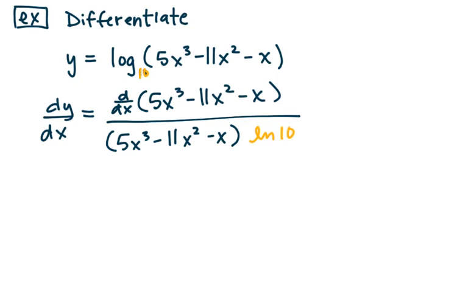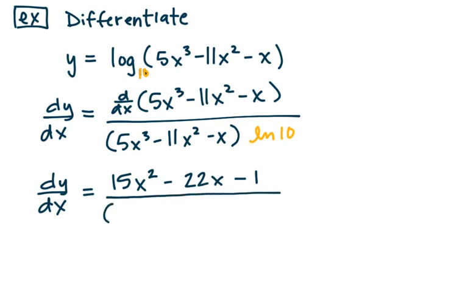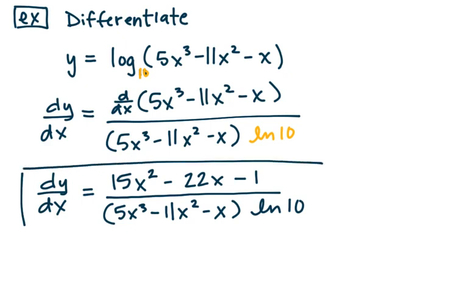So at this point, I just have one easy derivative to take using my power rule. I'll get 15x squared minus 22x minus 1. So my final answer here is the derivative of y with respect to x is 15x squared minus 22x minus 1 over the quantity 5x cubed minus 11x squared minus x times the natural log of 10.